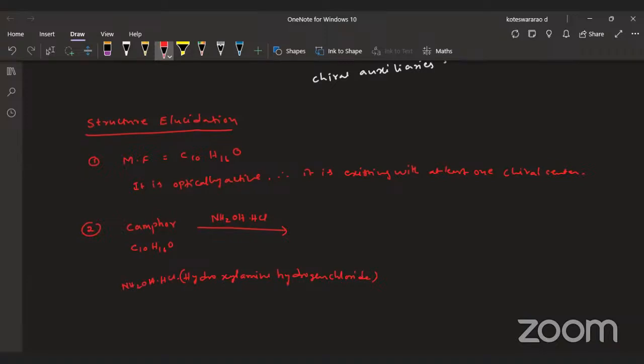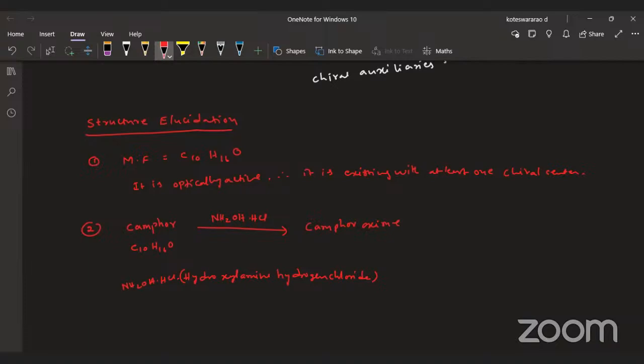Now, what happens whenever hydroxylamine hydrochloride reacts with camphor? It leads to the formation of camphor oxime. This camphor oxime indicates the presence of one carbonyl group.